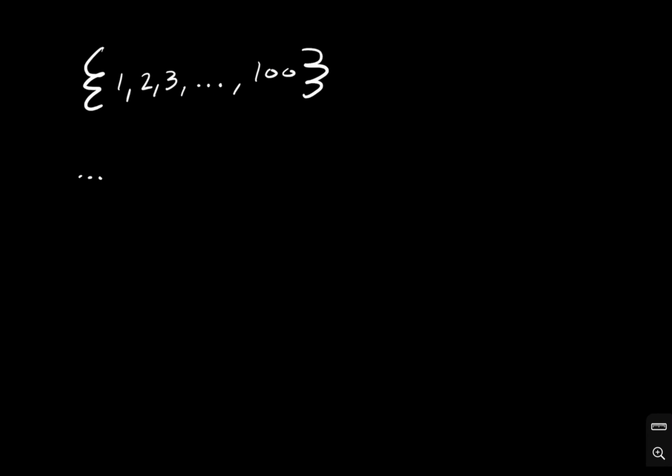Now, instead of using the set to go from 1 to 100, let's see how we would represent the set from 1 to infinity. So infinity being forever. If we want to represent this set using an ellipsis going from 1 to infinity, all we have to do is just close the set.